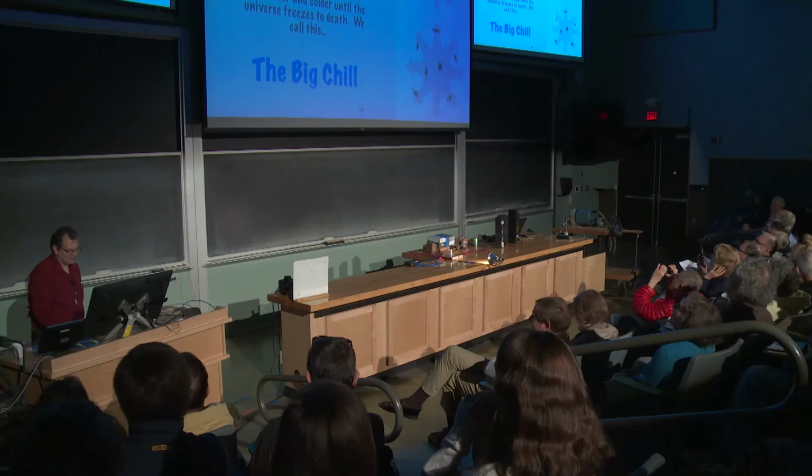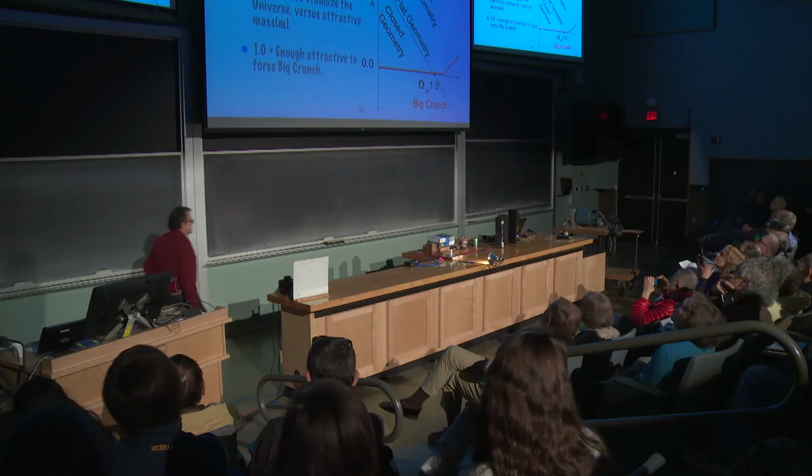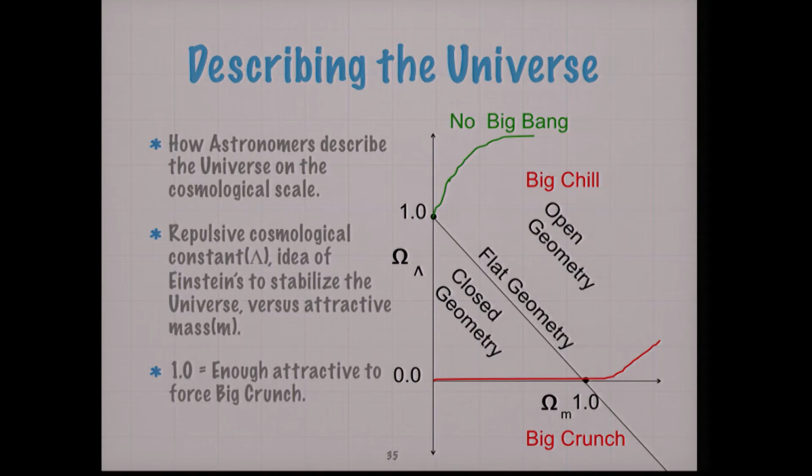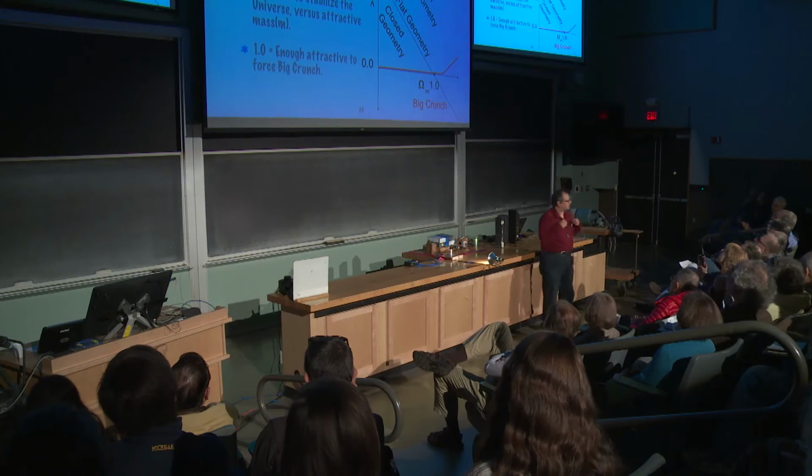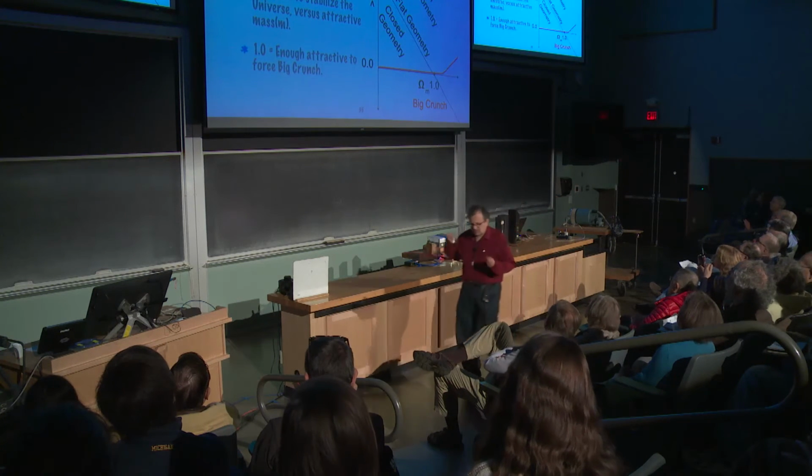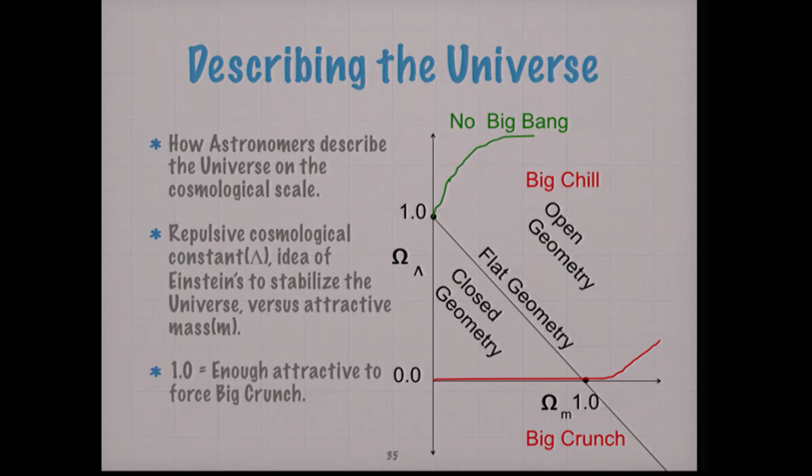Okay, so now to understand how we describe the universe on the cosmological scale, so we can figure out what will happen to it, cosmologists make this diagram. On the x-axis is the mass of the universe, labeled with big capital omega, little m. If you get to 1, that's enough to force the Big Crunch. On the y-axis is either extra attractive stuff, if it's negative, or repulsive stuff.